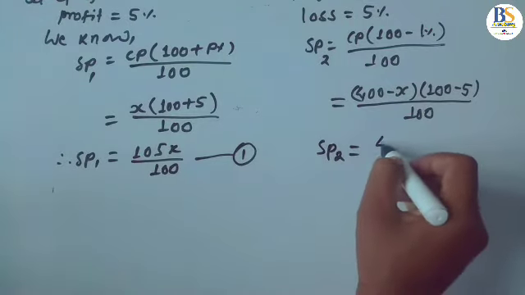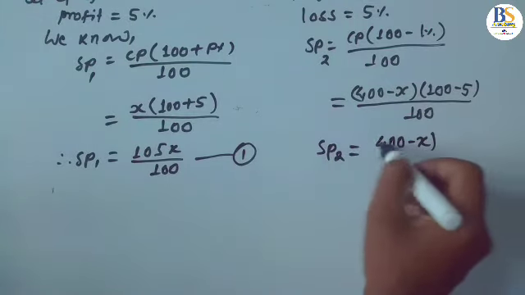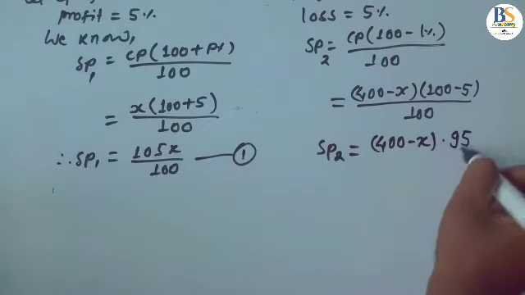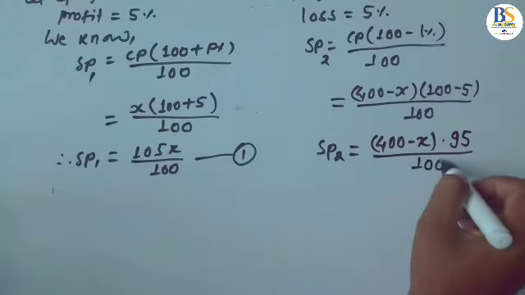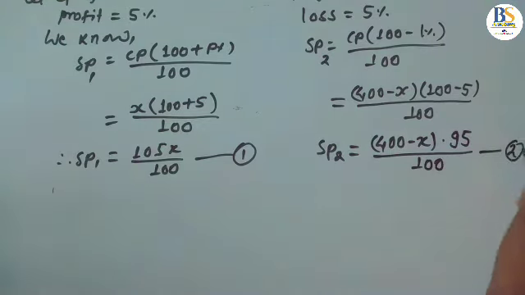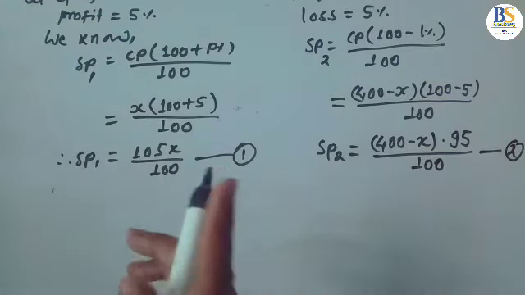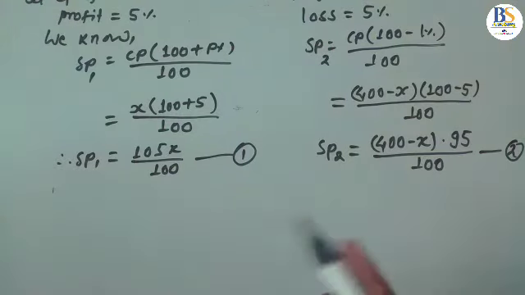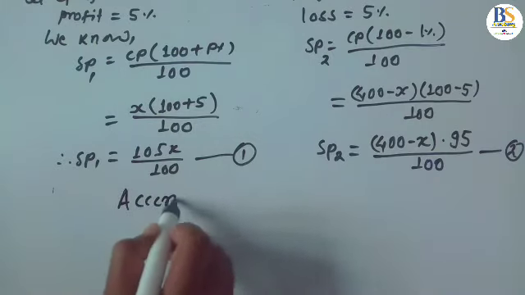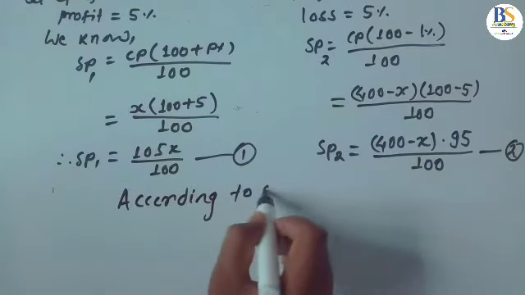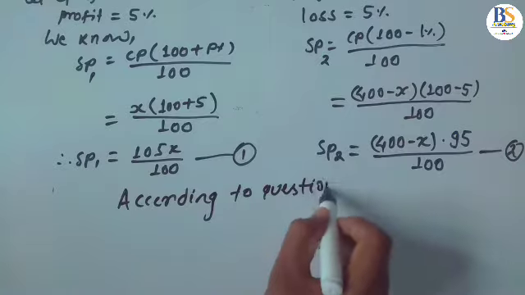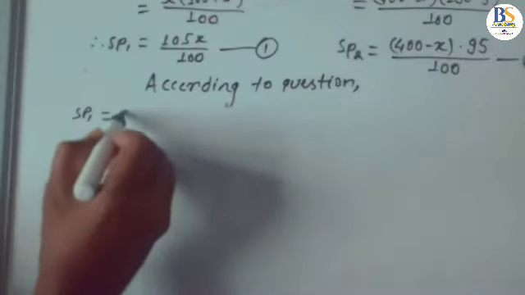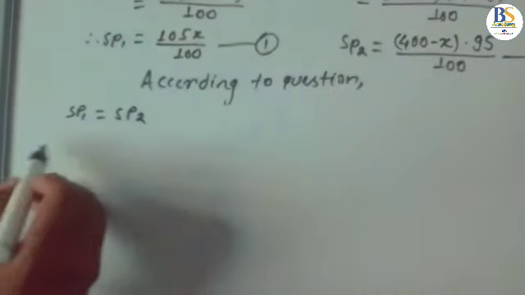SP2 equals (400 minus X) times 95 upon 100. This is equation 2. The question says to find his gain or loss percent if the selling price of both watches is the same. This means SP1 equals SP2.